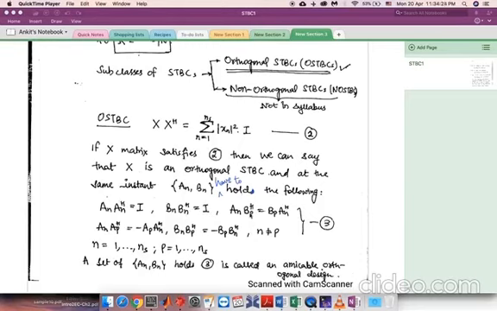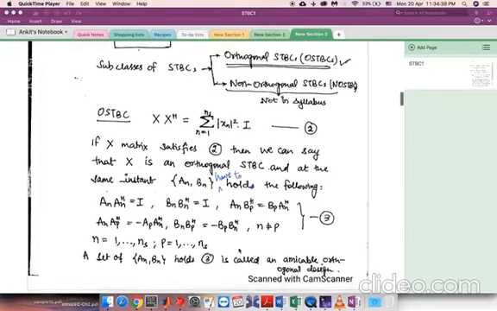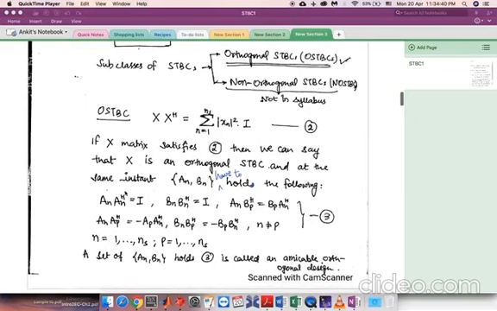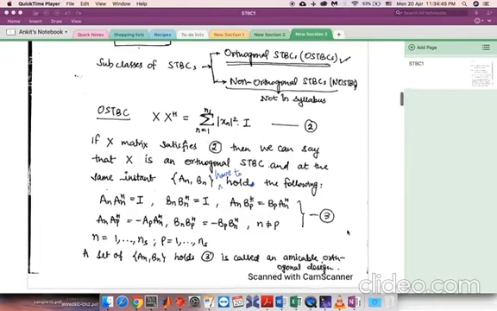A_n B_p Hermitian equals B_p A_n Hermitian, where n is from 1 to Ns and similarly p is from 1 to Ns. If A_n and B_n satisfy these properties, it is known as an amicable orthogonal design.